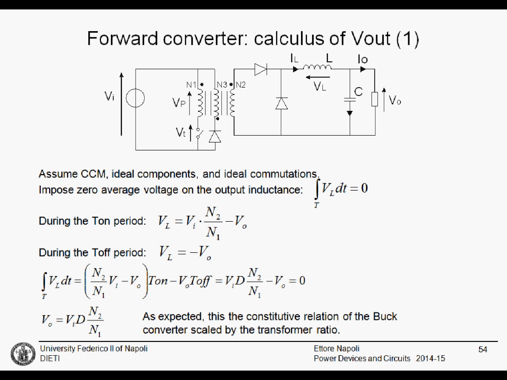This is exactly what we expected. We see that this derives from the step-down converter, the buck converter, whose constitutive relation is Vout equal to Vi multiplied by the duty cycle. We just add the transformer ratio, that is N2 divided by N1.